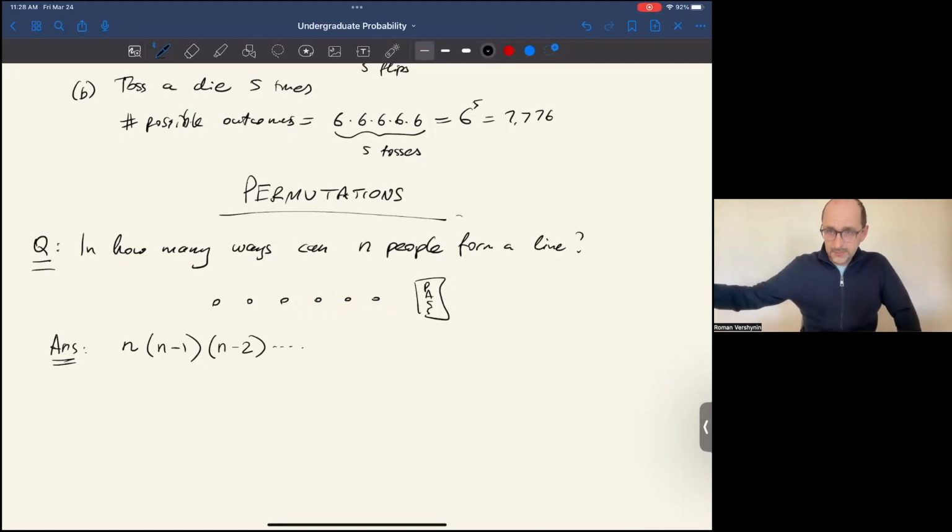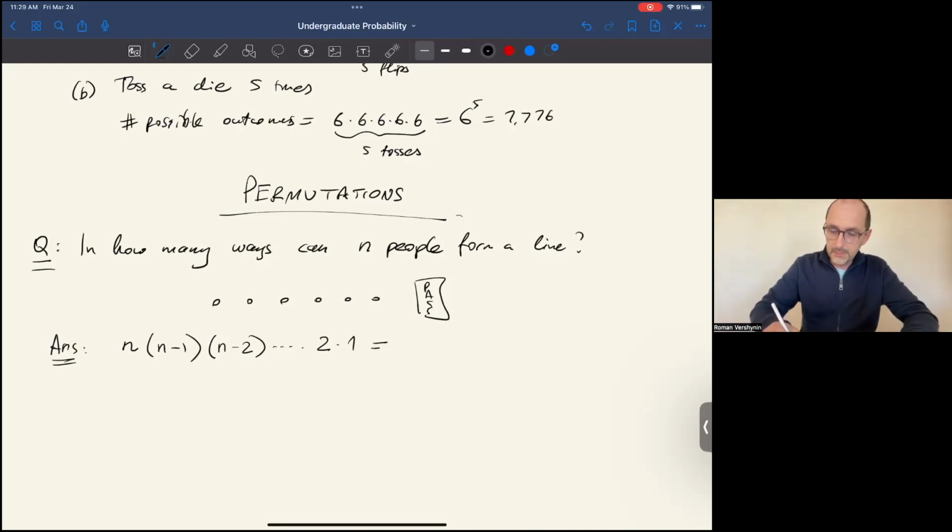And the last numbers in this product will be 5, 4, 3, 2, and 1. So this is the answer. It's just the product of all numbers between 1 and n.